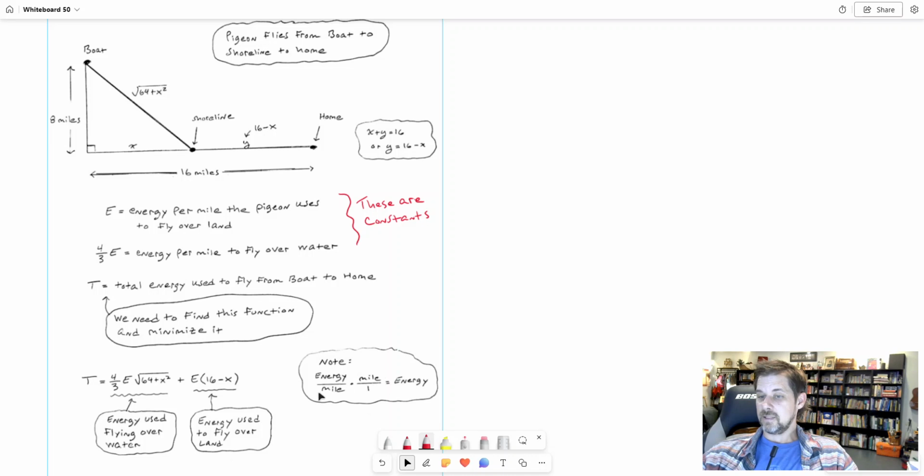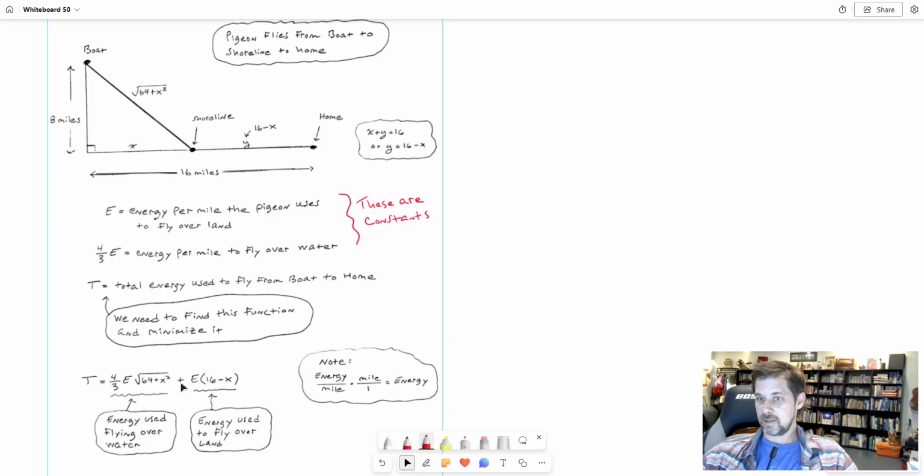Well, the miles cancel and you get energy. So if I take 4/3 E, the energy per mile used to fly over water, and I multiply it by root 64 plus x squared, the distance in miles that the pigeon flies over water, then I get 4/3 E times root 64 plus x squared. That number will be the energy used to fly over the water.